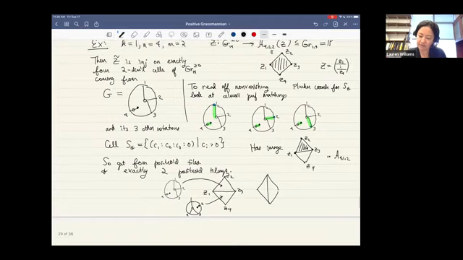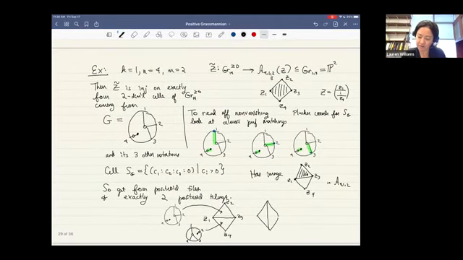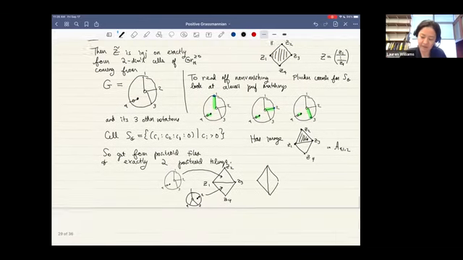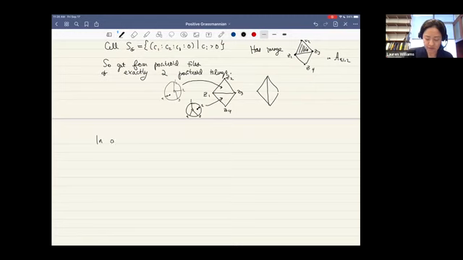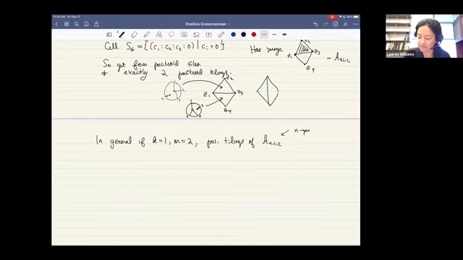All right. So this was the case where k is 1, n is 4, and m is 2. And I think it's not hard to convince yourself that if k is 1 and m is 2 and n is general, the positroid tilings of this amplituhedron, which is just an n-gon in P2, are exactly the triangulations of the n-gon.